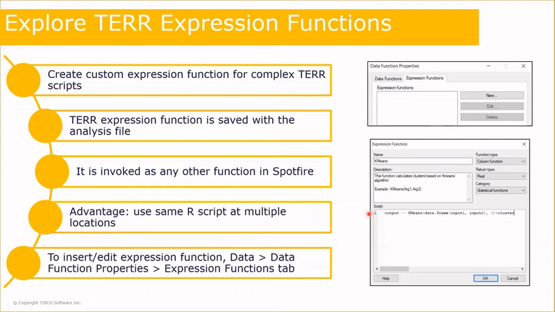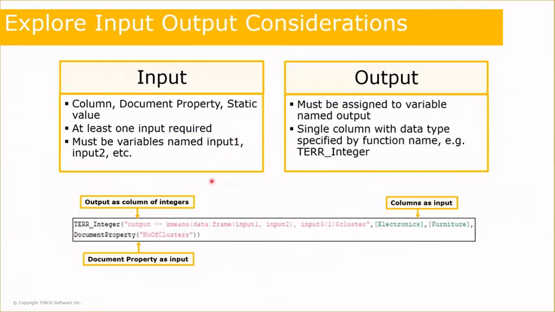Okay, now again, you provide a name for the expression function, provide a description for the expression function, what the function does, what are the different arguments, and how you can use that particular function. And then in the script area, you provide the R script that is used to execute that function, basically the function of that particular script. Okay, now different input and output parameters again are similar to what we have seen in the inline TERR expressions.